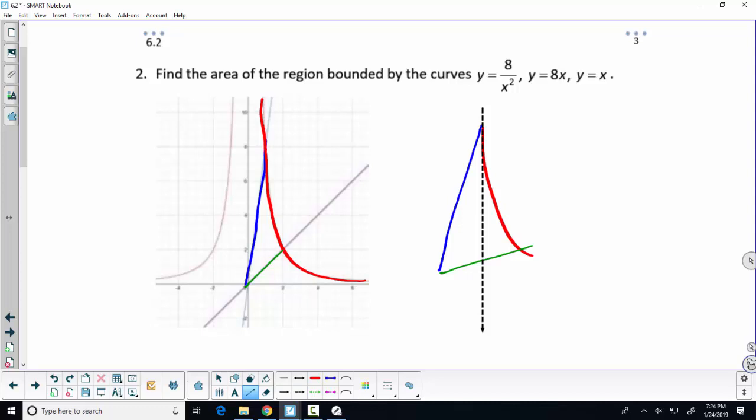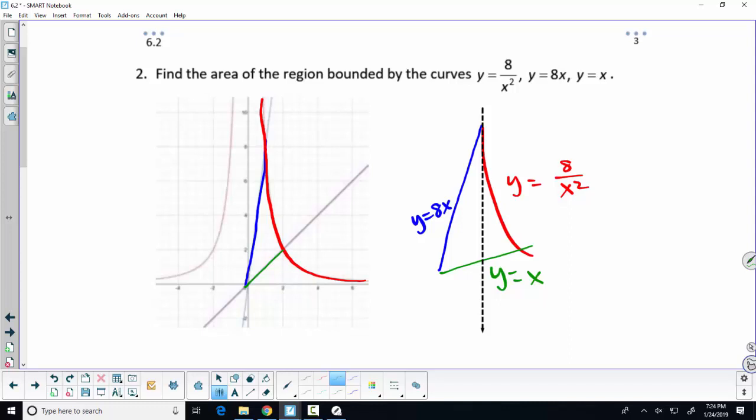So it's blue minus green, then it's red minus green. The graph isn't that great, so it's probably up to us to figure out where these things intersect so we know how to split this up. But that's the idea. With a region like this, we can still integrate with respect to x, but we do have to split it up.